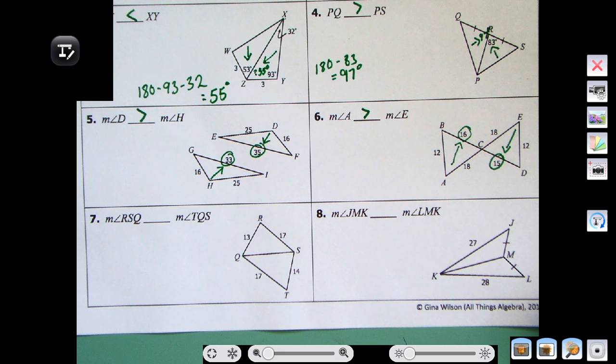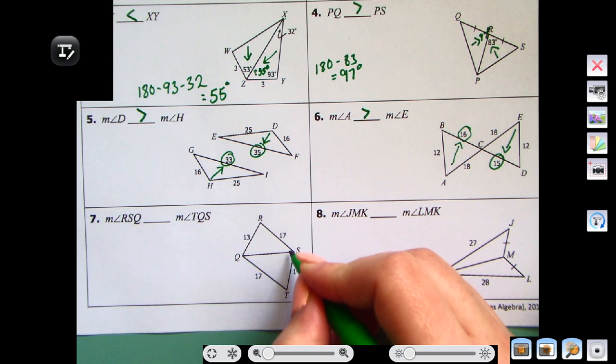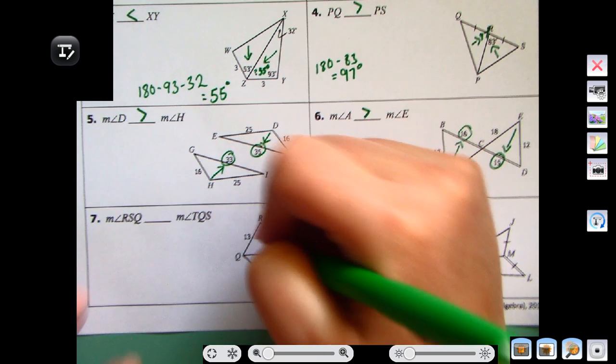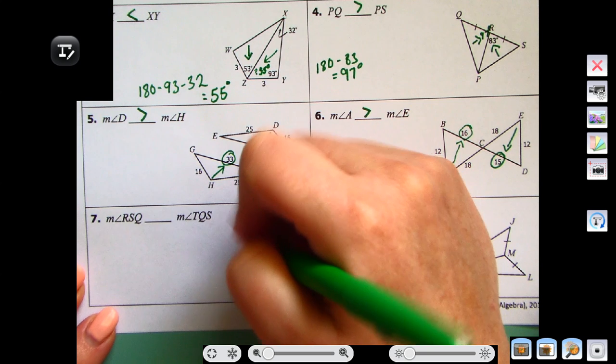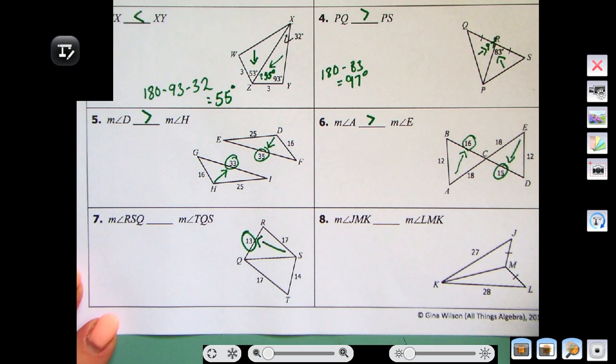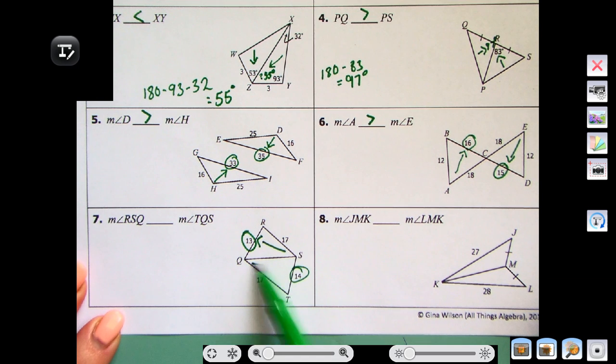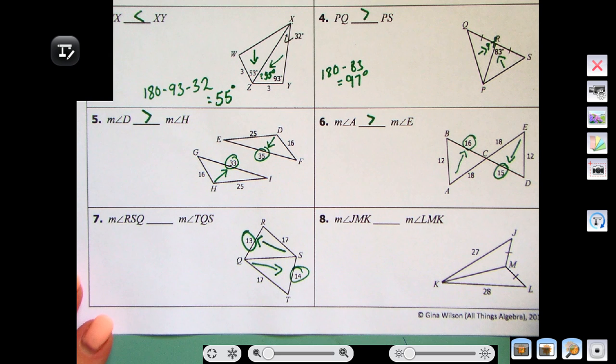So number 7, RSQ, looking at this angle right here. It is across from 13, and then TQS is across from 14. So which one is bigger? TQS.